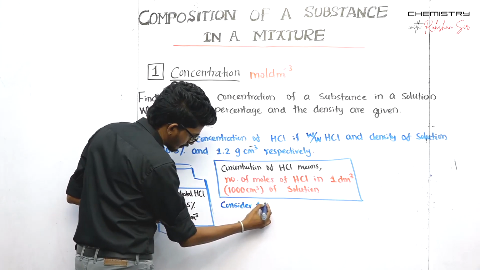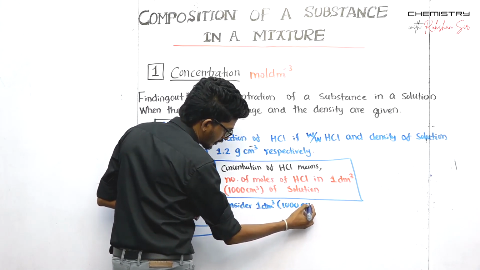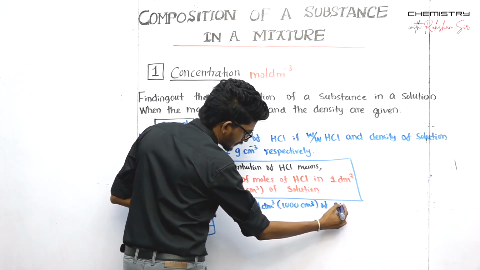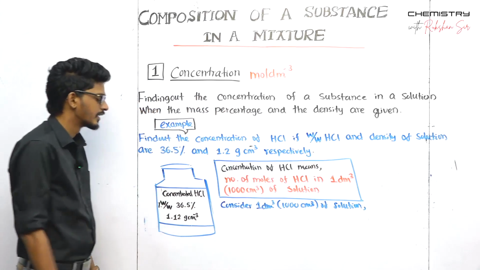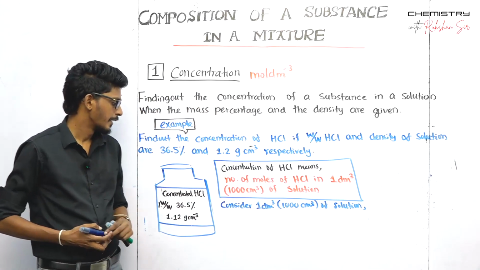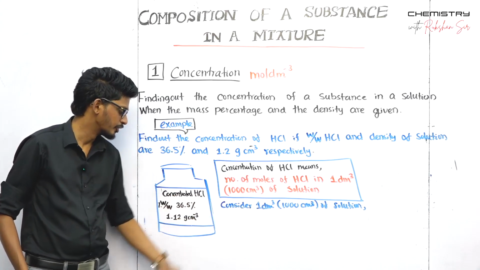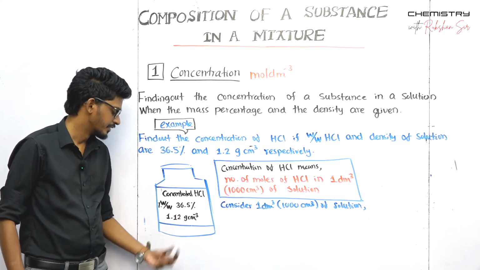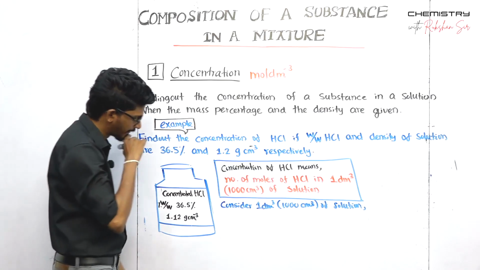Consider 1 decimeter cube or 1000 cubic centimeters of solution. Considering this, first we will calculate the mass of the solution, the mass of 1 cubic decimeter of solution. That can be done with the use of density. That is our first task here.